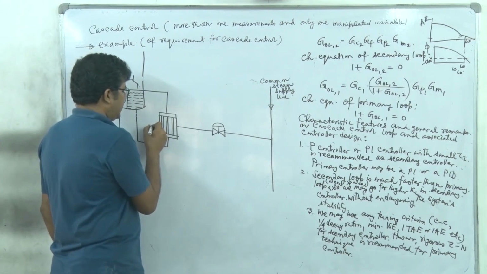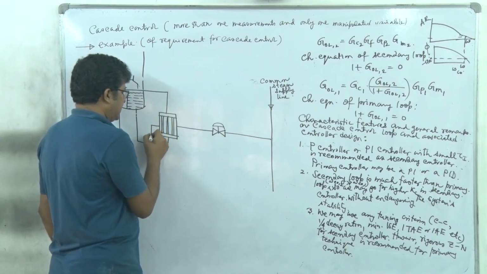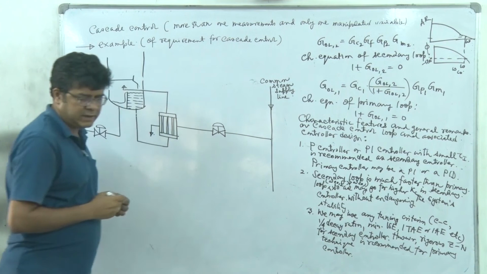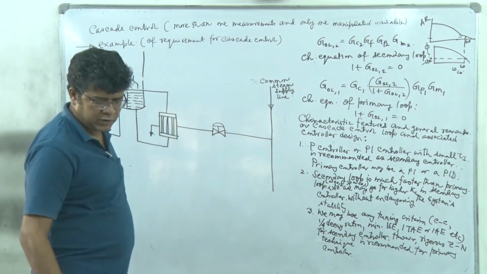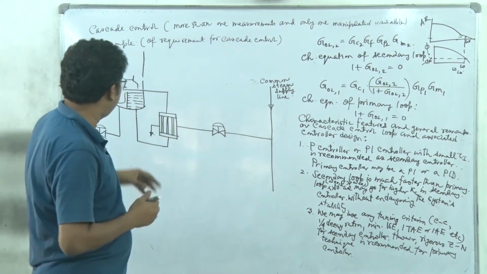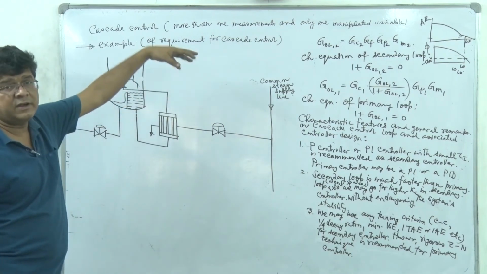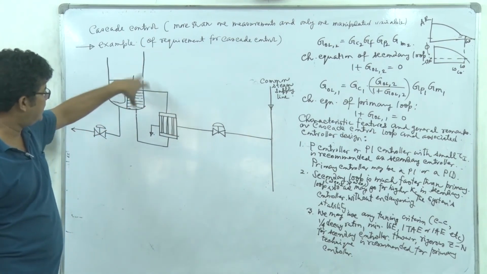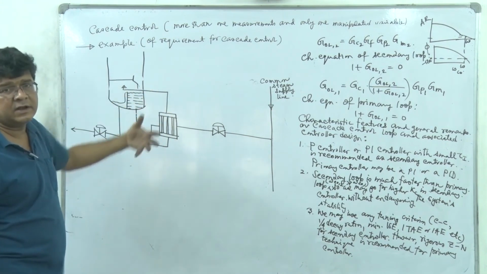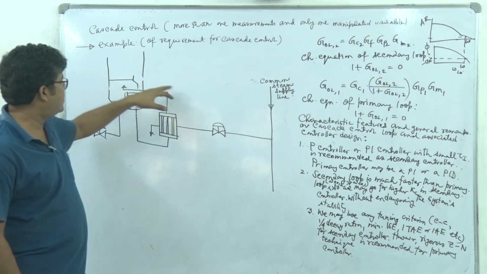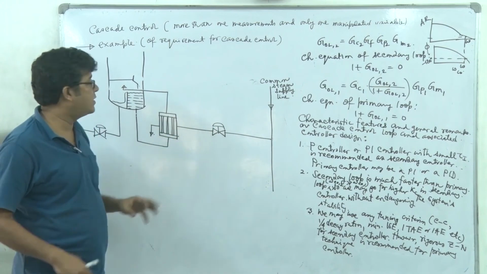So you see, what will be the control loop? The primary control, what is our objective? That you measure the temperature here. If the temperature drops below a certain level, that means you have to deliver more steam here, right?